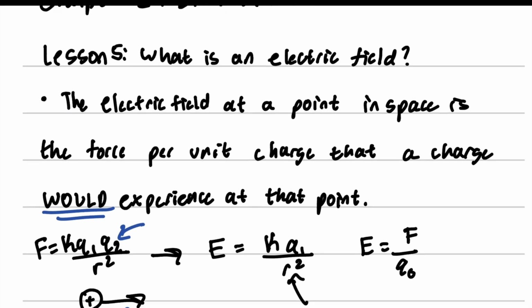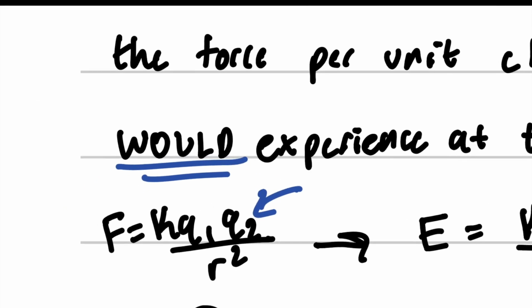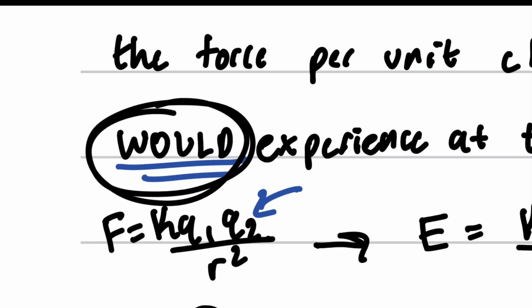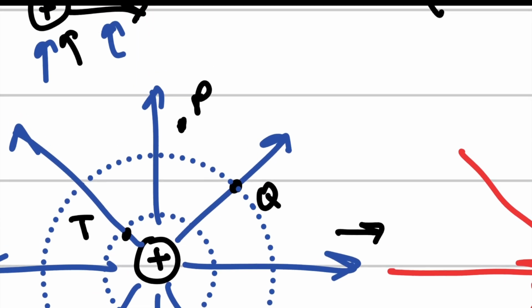The electric field is always present, right? However, in this case, these points right here don't have charge, okay? And yet there is still an electric field at that point, okay?